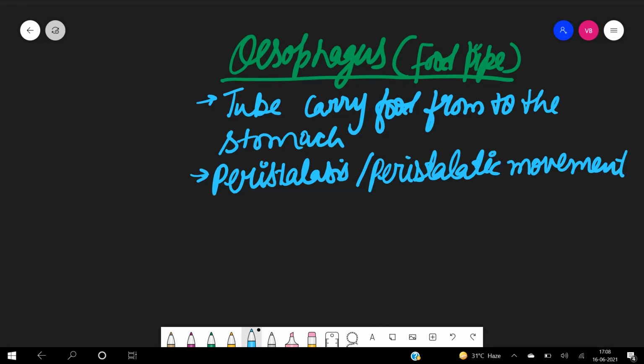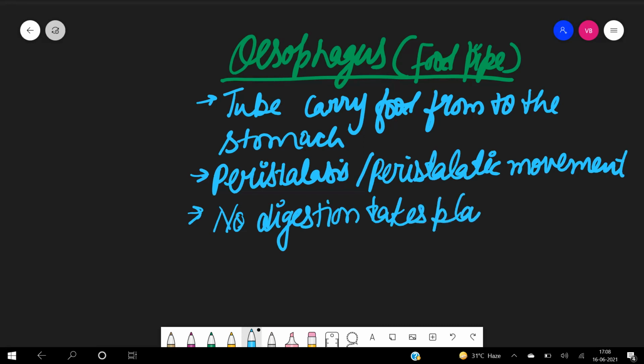No digestion takes place. So if it is asked, write the function of the esophagus, or write the part of the alimentary canal where no digestion takes place. Otherwise, the various other parts help in breaking down the nutrients. When the nutrients are broken down, then only will we get energy.